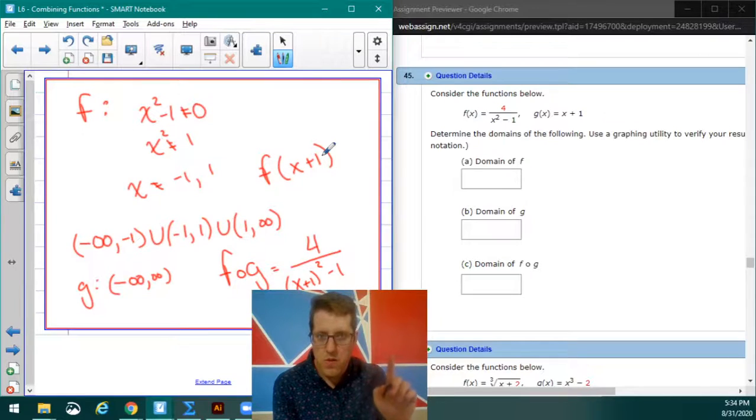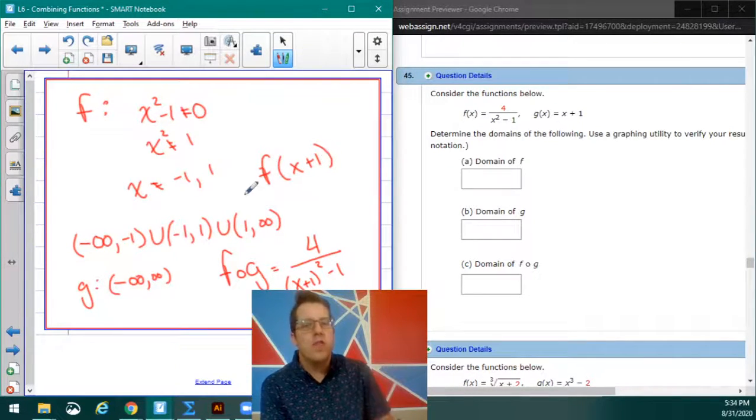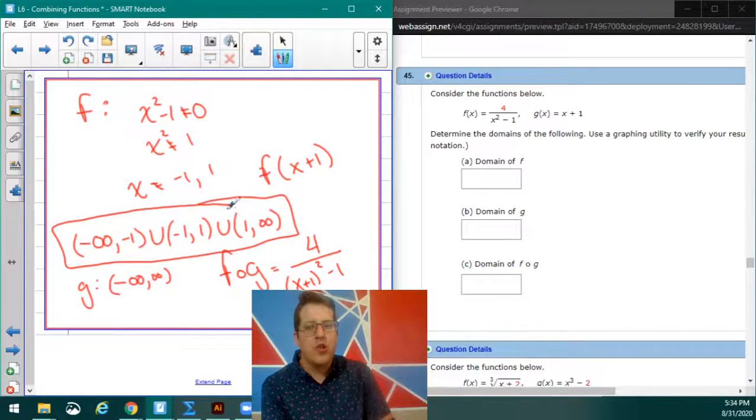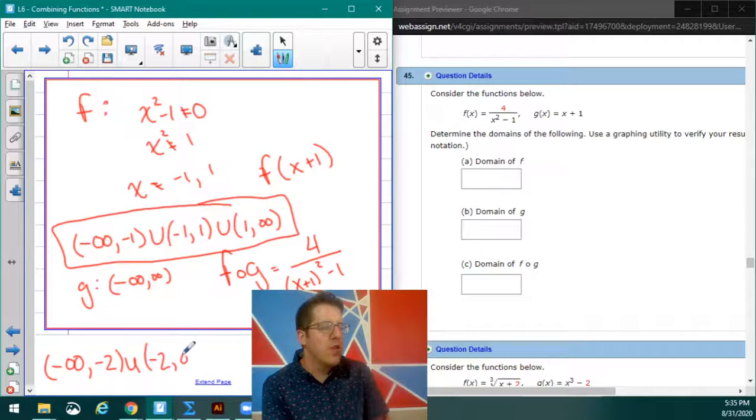Oh, they cry in unison. It's just shifted left 1. So all you have to do is take this answer and shift it left 1 unit. So from negative infinity to negative 2, and then from negative 2 to 0, and then from 0 to infinity.